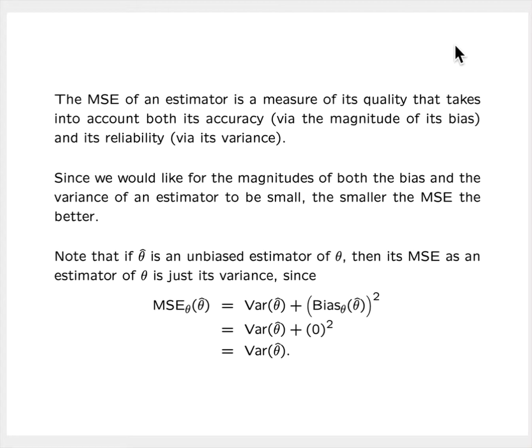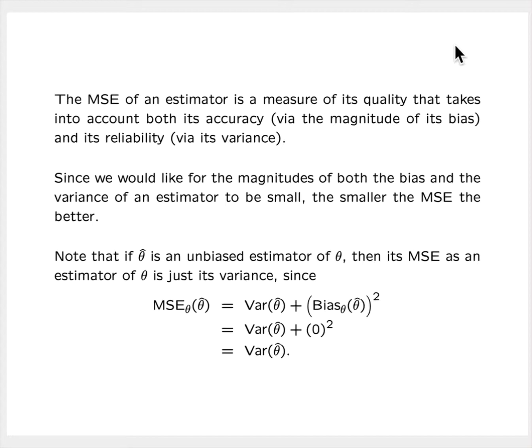Now, the MSE of an estimator is a measure of its quality that takes into account both its accuracy via the magnitude of its bias and its reliability via its variance. I think it should make sense to you that the more variable an estimator is, the less reliable it is.